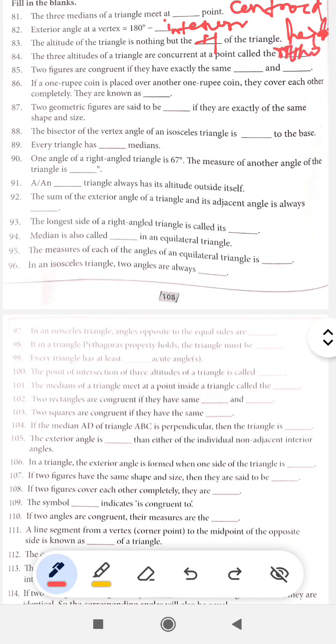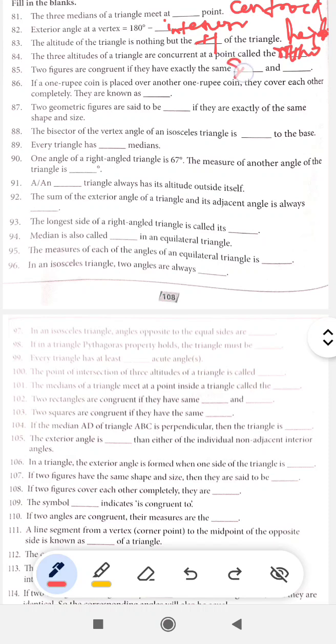Orthocenter. Next, two figures are congruent if they have exactly the same dash. Two figures, it is asking, means two dimensional, if they have exactly the same length and breadth, or the same sides and angles.